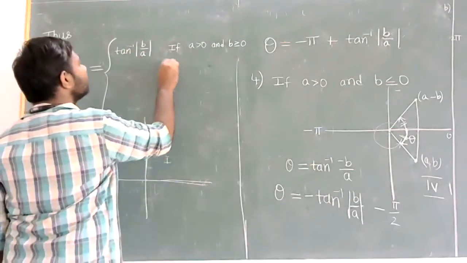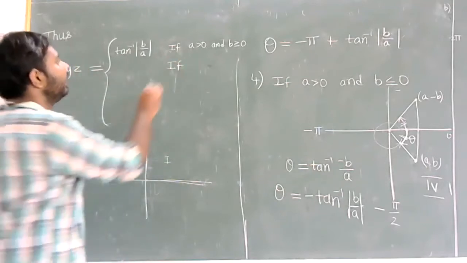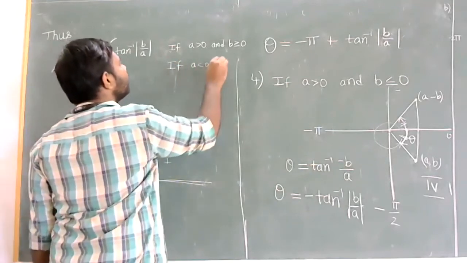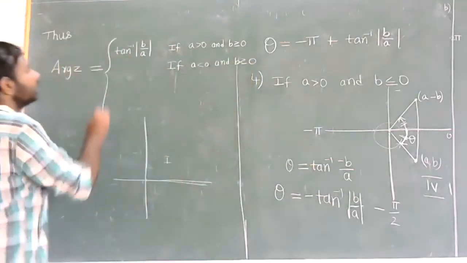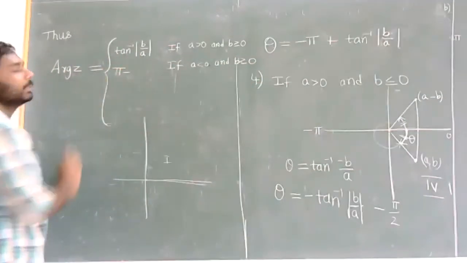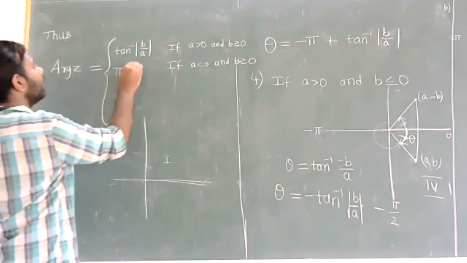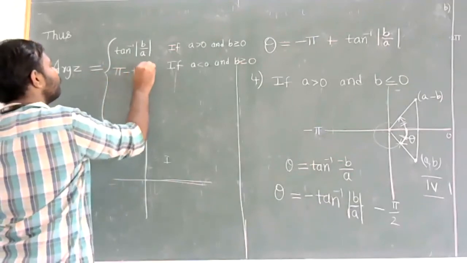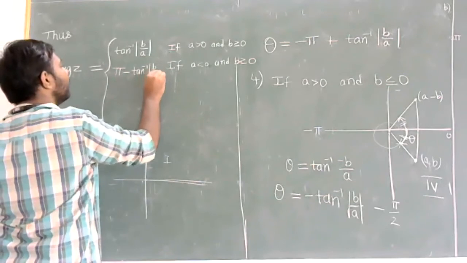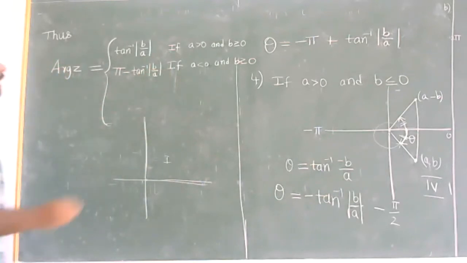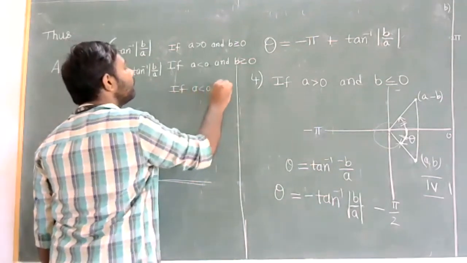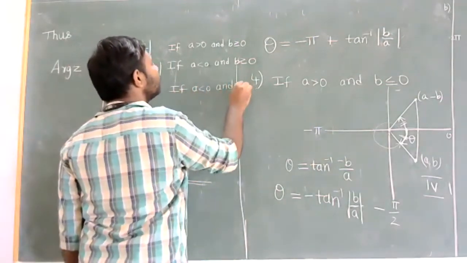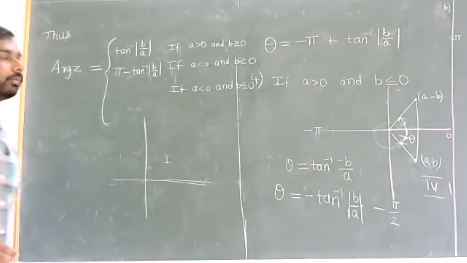In the second quadrant, A is negative and B is once again non-negative. In this case, the principal argument is pi minus tan inverse of modulus of B by A. And in the third quadrant, A is negative and B is less than or equal to 0.